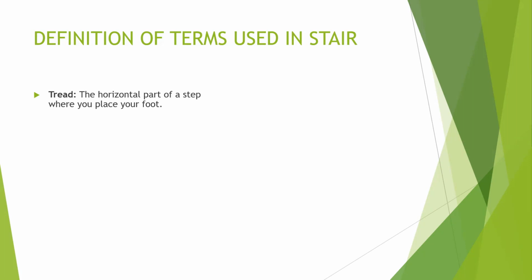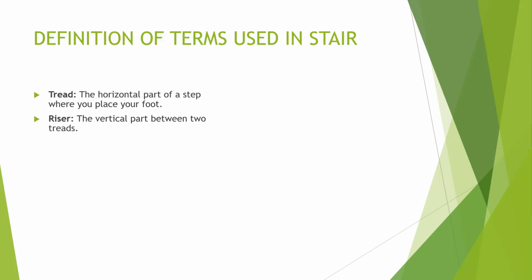The horizontal part of the step where you place your foot is called a tread. That horizontal part where you place your foot when you are climbing a stair, that is what a tread is. Okay, so I'm going to move to the riser. The riser is the vertical part between two treads.